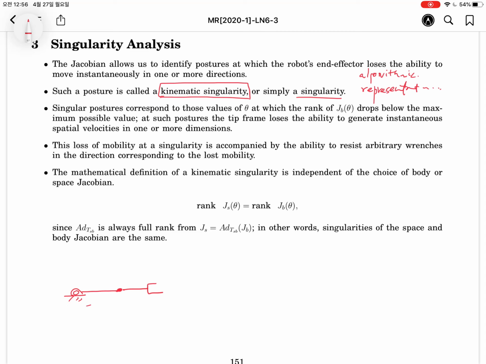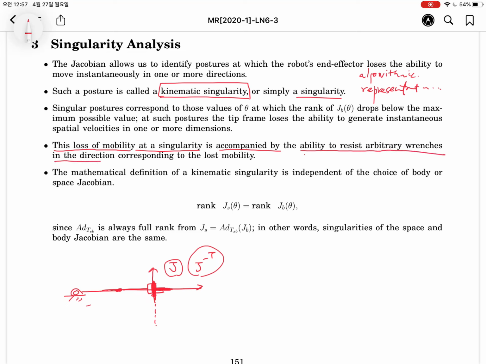So this Jacobian lets us know that this movement is not possible. On the other hand, the Jacobian inverse transpose lets us know there is no force application in this direction.